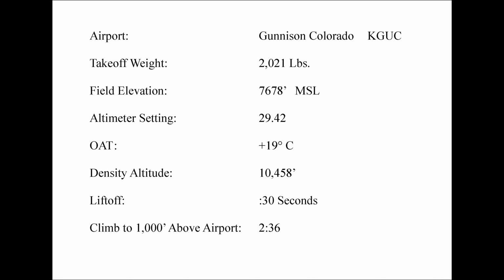The airplane reached liftoff speed in 30 seconds. From brake release to 1,000 feet above airport elevation, the total time was 2 minutes and 36 seconds. No change in pressure, no change in temperature, no change in density altitude. The improvement resulted solely from reduced weight. All things being equal, reducing weight improves takeoff and climb performance while increasing the maximum density altitude at which the airplane can safely operate.